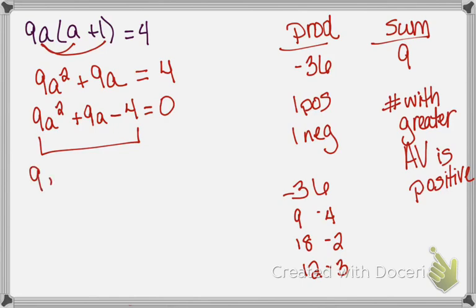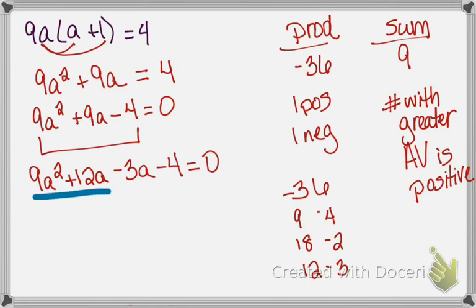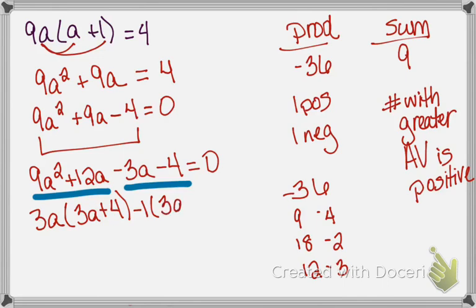So then I have 9a squared plus 12a minus 3a minus 4. 3a comes out of the first two. What comes out of the second two? It's -1. Sometimes that's tricky to see.